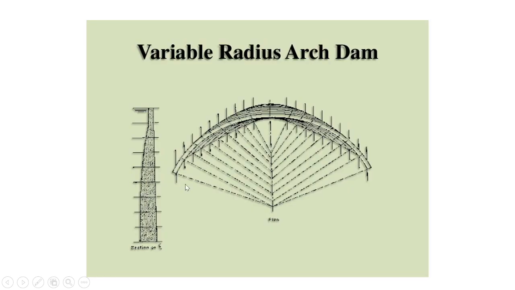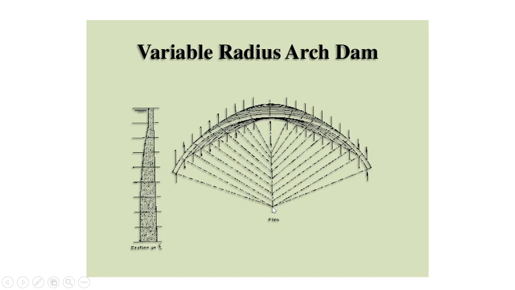You see this figure, this is a typical example of a variable radius arch dam. You can see that the radius to the extrados and intrados is varying at every point. So the imaginary center of the arch is actually varying from here.